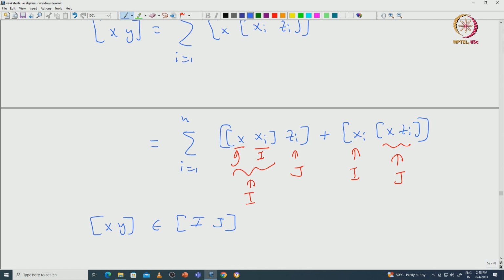Okay. So, this proves that the bracket [I, J] is actually an ideal.